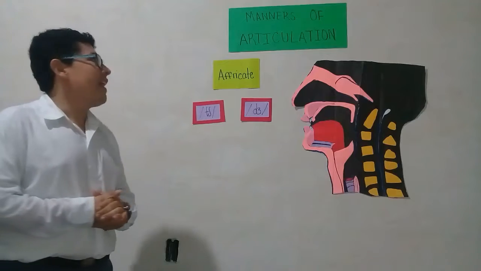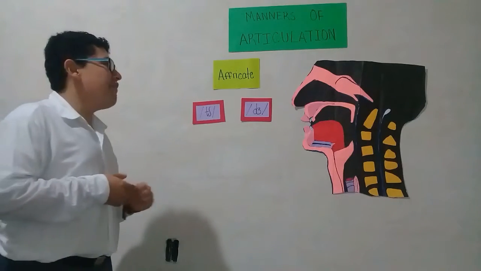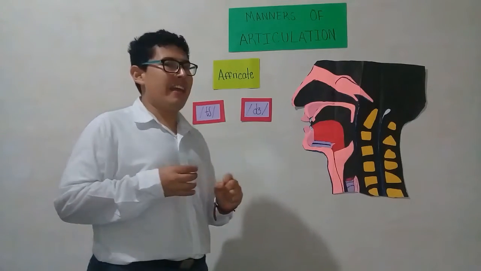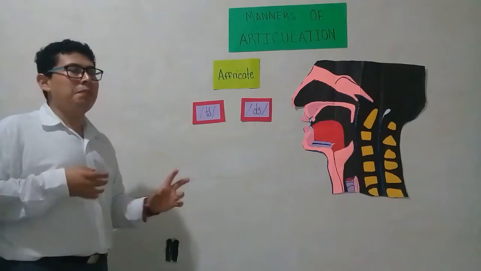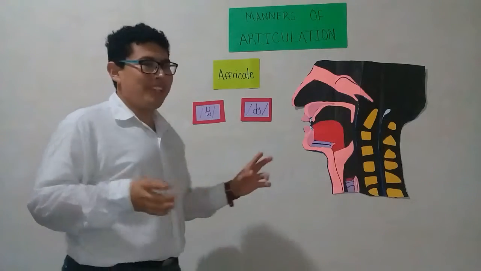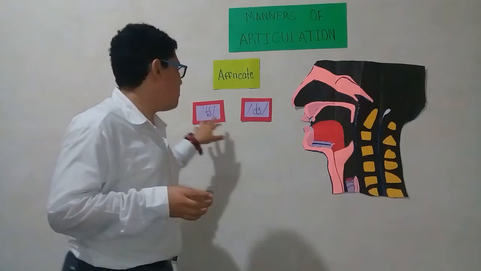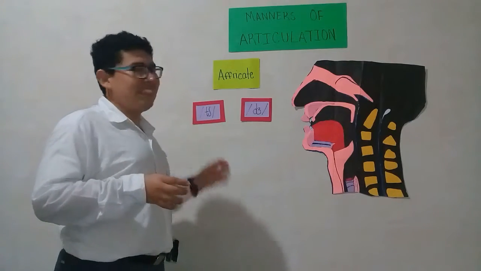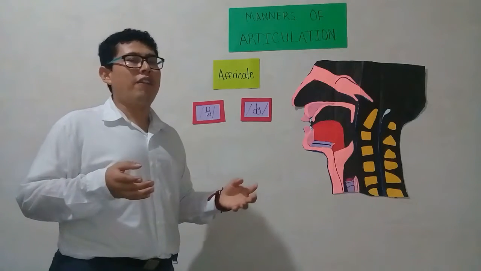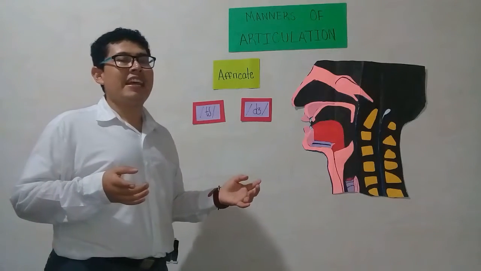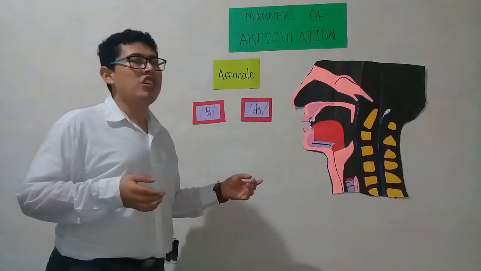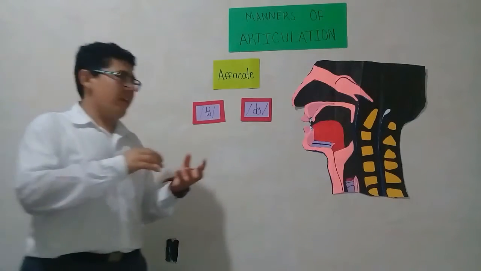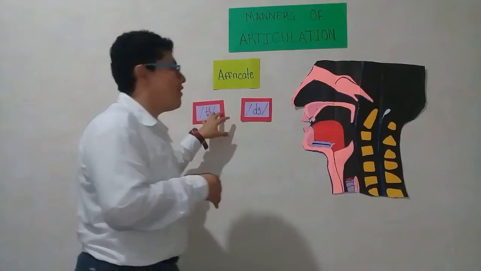Finally, we have the affricate sounds. Affricate sounds are produced in a kind of mix that involves a stop sound and a fricative sound. We have, for example, the sound of t, that is connected with the sound of sh, and then the sounds get together to form a new sound.